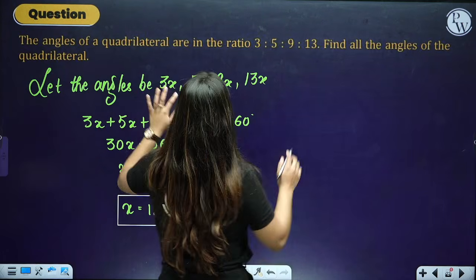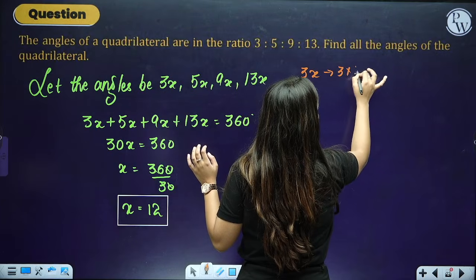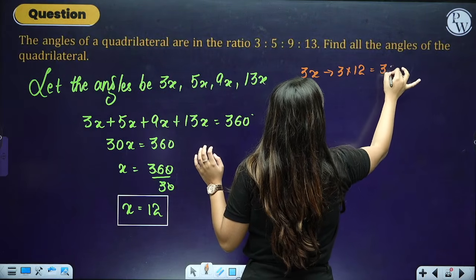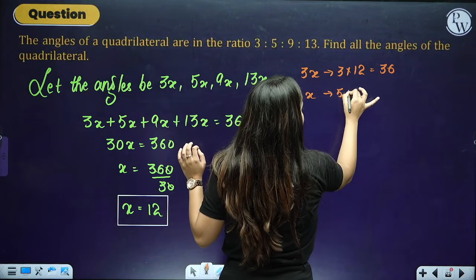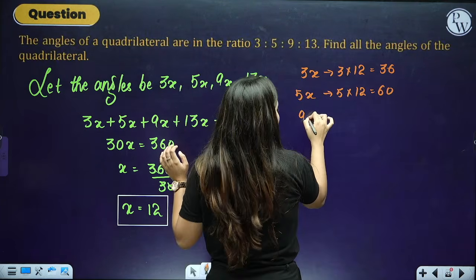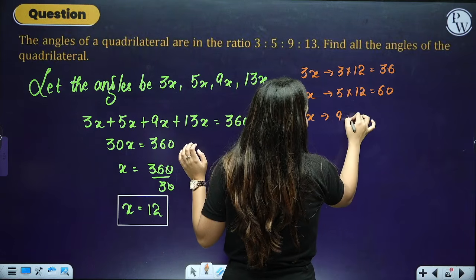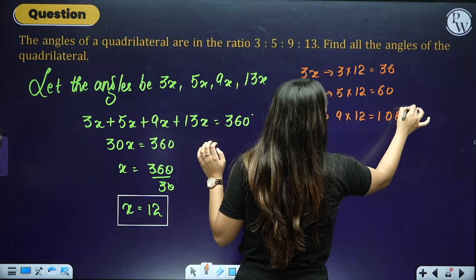Now, if we have 3x, this simply means 3 into 12, that is 36. If we have 5x, that simply means 5 into 12, that is 60. If we had 9x, that simply means 9 into 12 and this will give you 108 degrees.